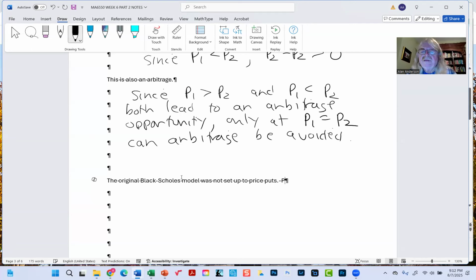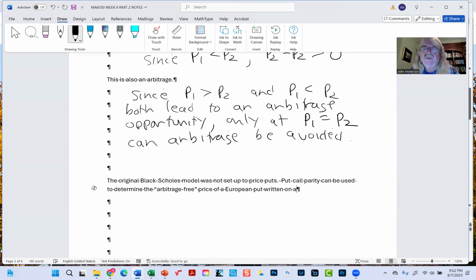So put-call parity can be used to show the correct or arbitrage-free price of a European put written on a non-dividend asset, or an asset that has no cash flows.